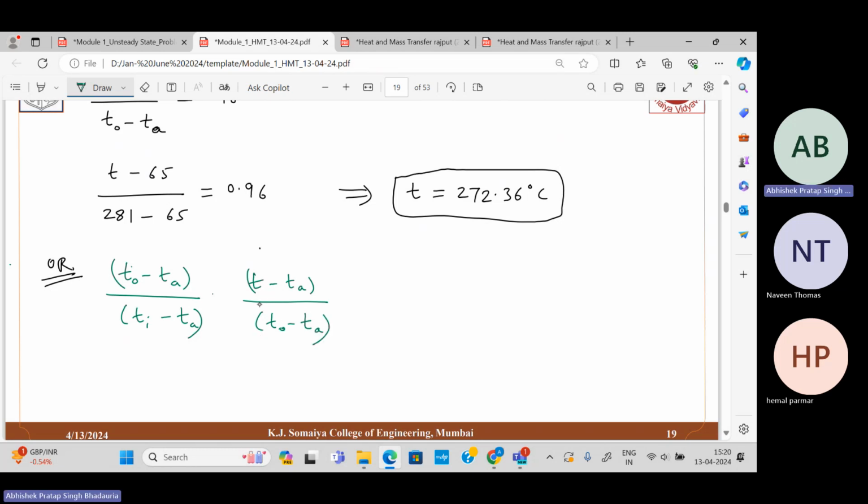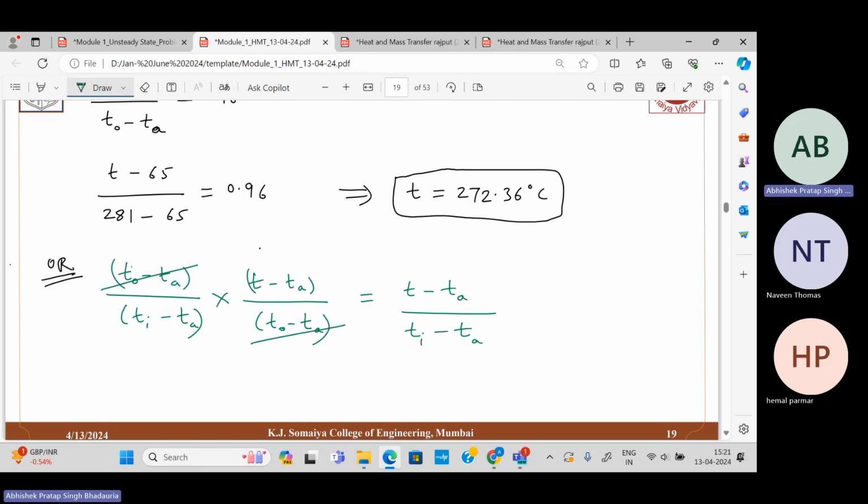Now we will multiply this correction factor with the temperature distribution that we have determined from the Heisler chart of the plate. Fine. So this T naught minus Ta will cancel out.